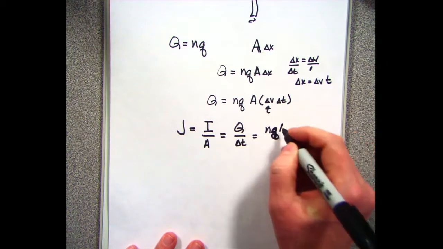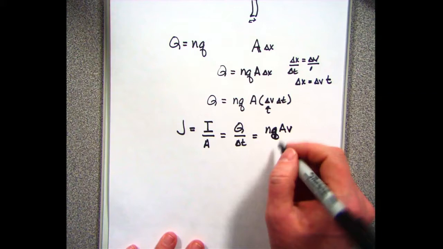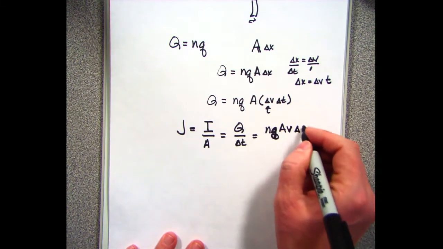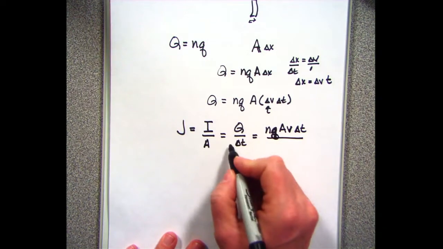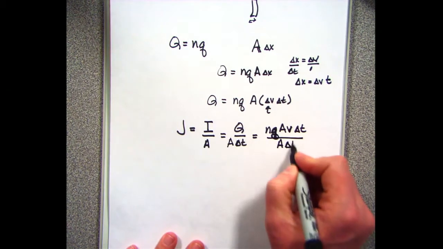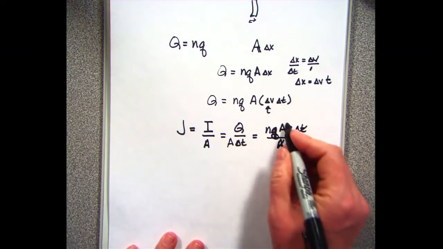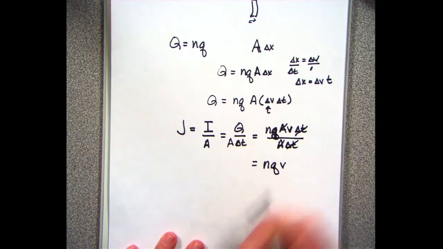Change in time cancels, area cancels, and it's going to be the number of charges times the velocity. And this velocity we refer to as what is known as a drift velocity. And that's that net flow of the charges, how fast are those charges moving through that area.